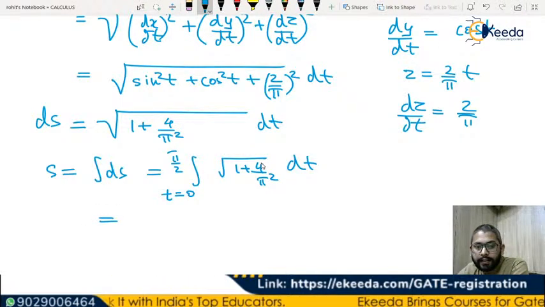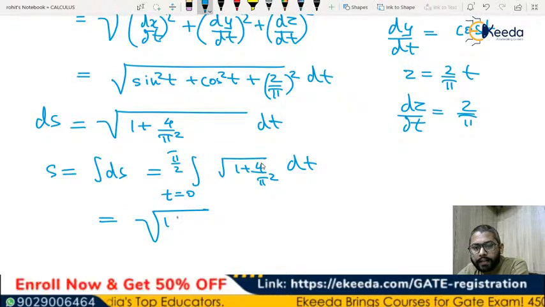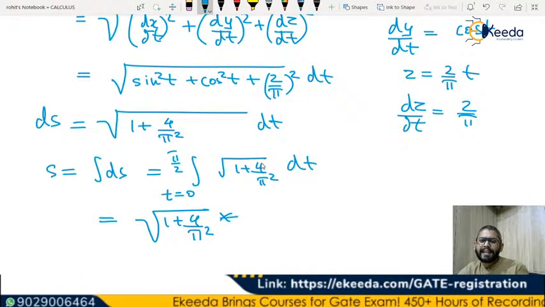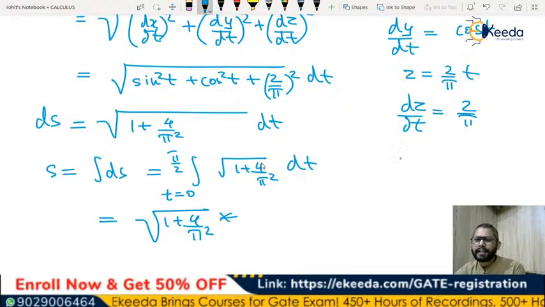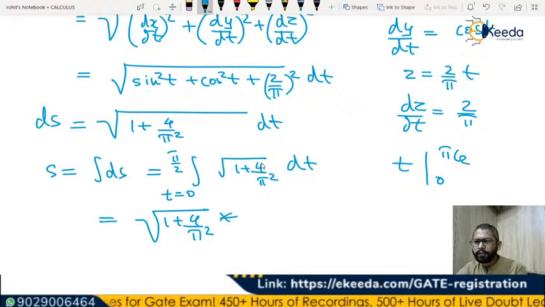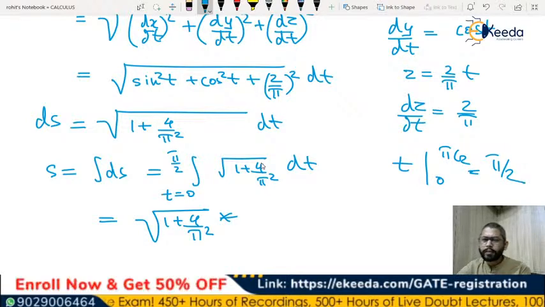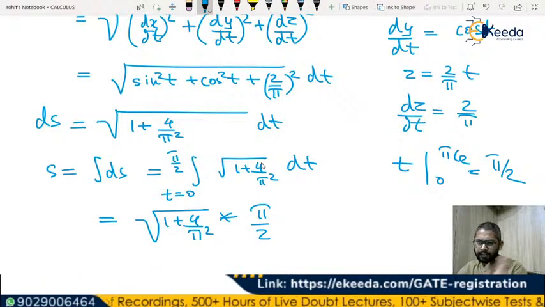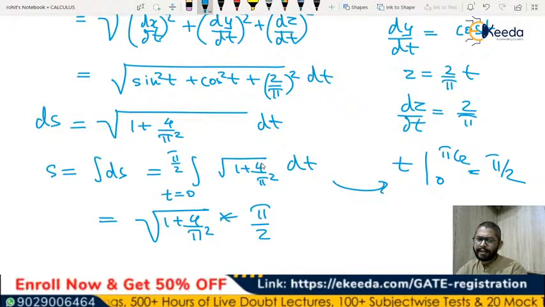So you are taking this under root of 1 plus 4 by pi square common, and then inside, the integration of dt is simply t. So the limits of t from 0 to pi by 2 will simply become pi by 2. I have done that part of the calculations outside and am directly putting it here.